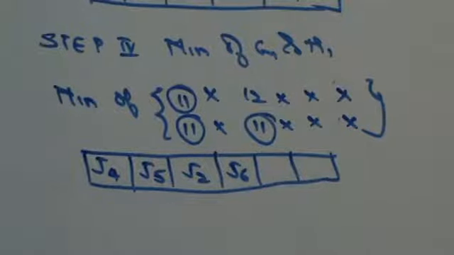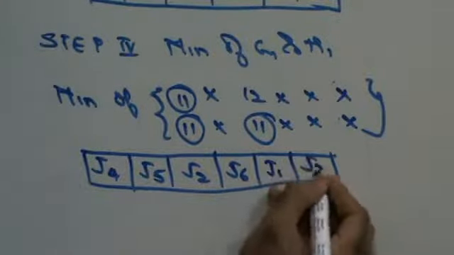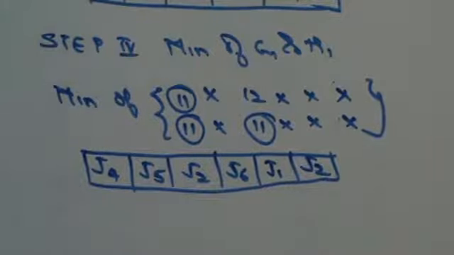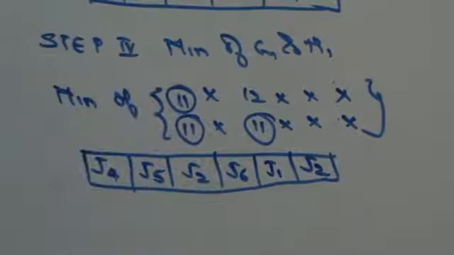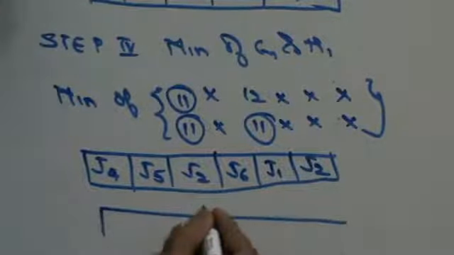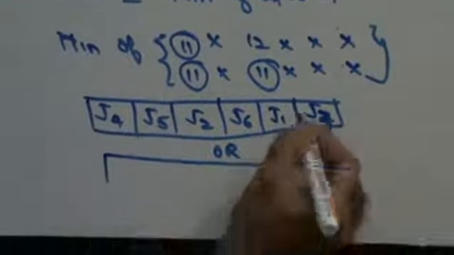Now, since I have 11 in the first row, therefore I can write J1 and then I can write J2, right? Both I can write this way. Now, I can also write this as, so there is already a J3, right?